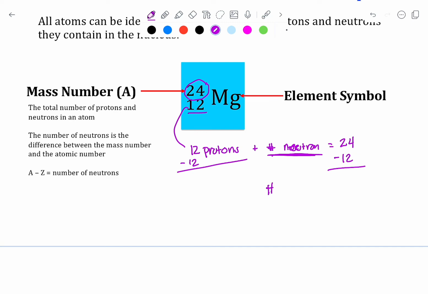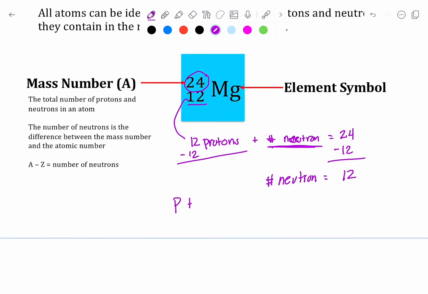So we get our number of neutrons to be 12. Okay, so we can say that protons plus neutrons is equal to A, the mass number.